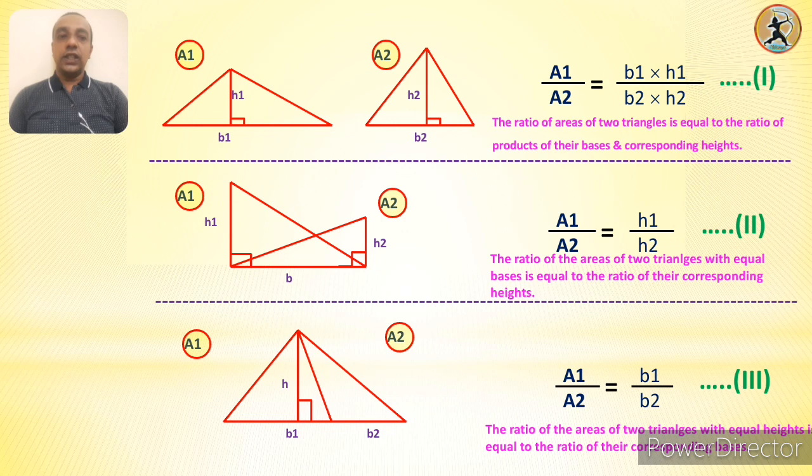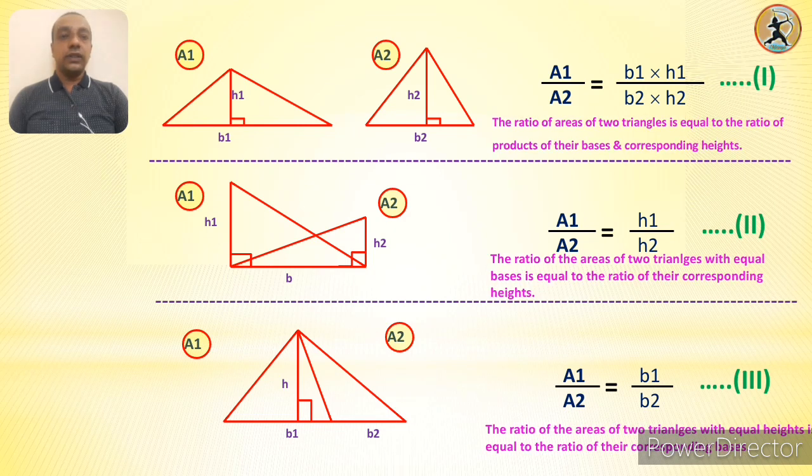So students, here we learn the three most important properties about the ratios of areas of two triangles. The first one, two triangles having different bases and heights, the ratio is equal to the ratio of the products of their bases and corresponding heights. Second, two triangles having equal bases, the ratio of areas is equal to the ratio of their corresponding heights.